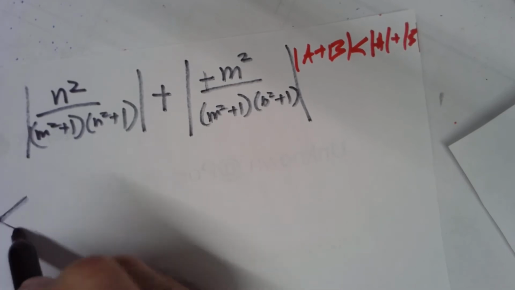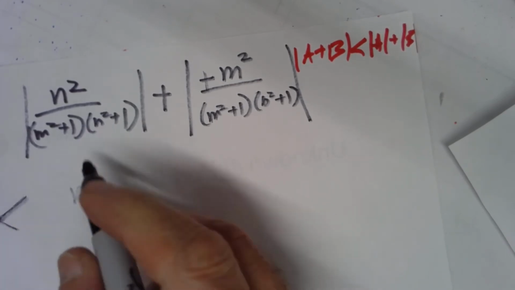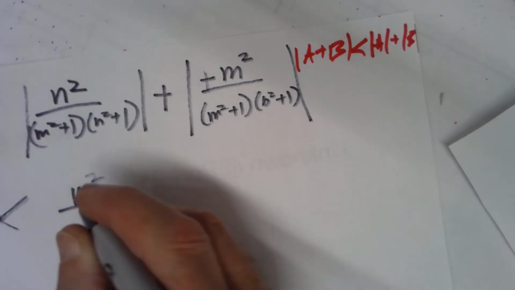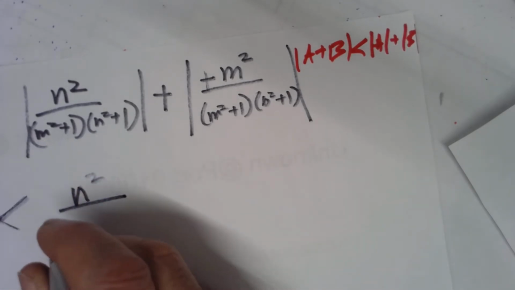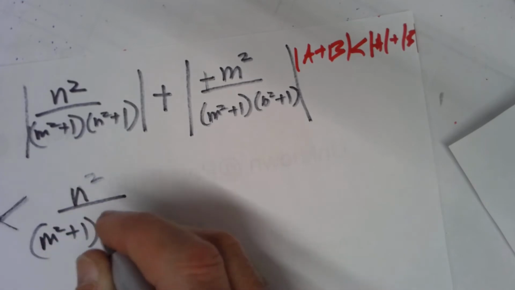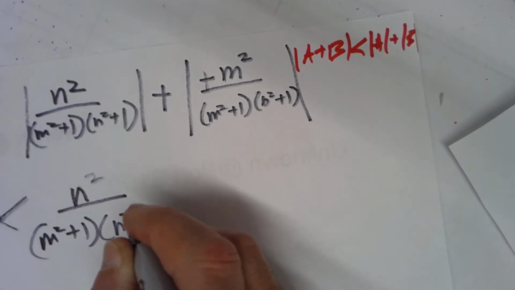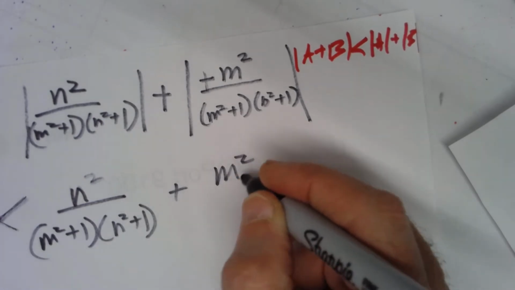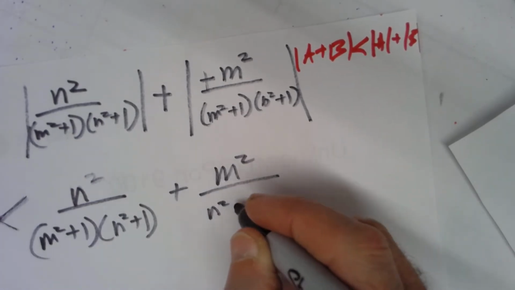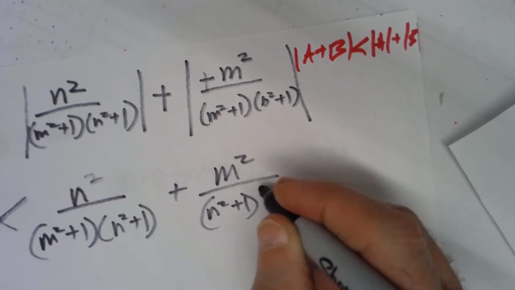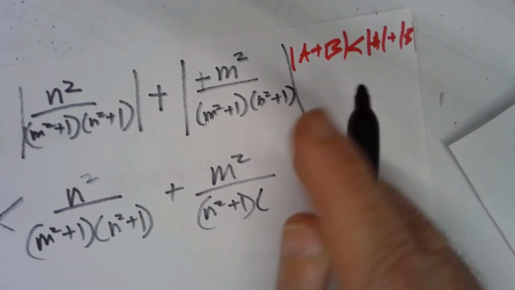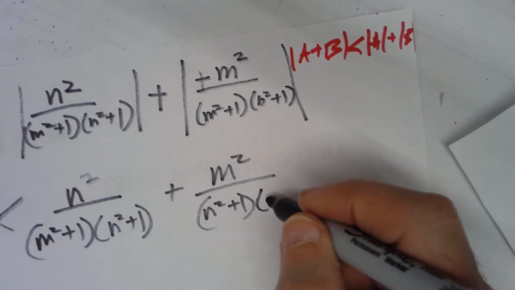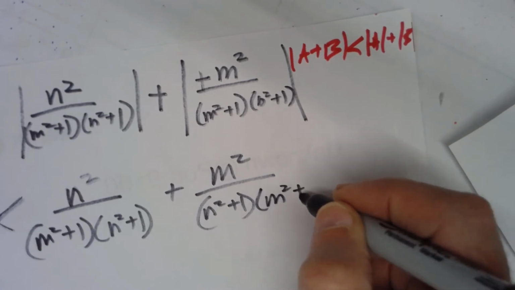So that'll be n squared over m squared plus 1 times n squared plus 1, plus m squared over n squared plus 1 times m squared plus 1, n or m really doesn't matter, multiplication is commutative anyway.